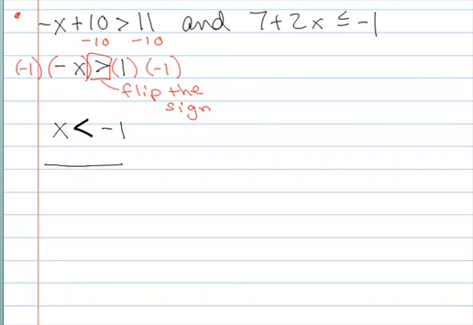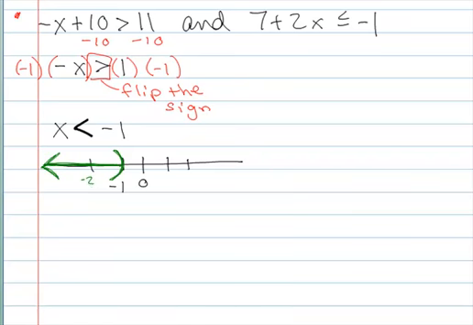So what we can do is make a little number line and take a look at what this is going to look like. Since this is a less than sign, I'm going to use my little parentheses here, and I want to go all the way to the left. So what I'm saying by doing this graph is that this one would be negative 2, right?